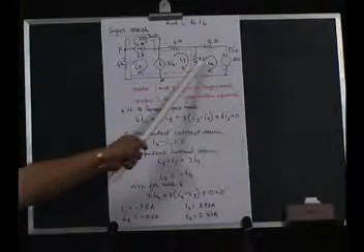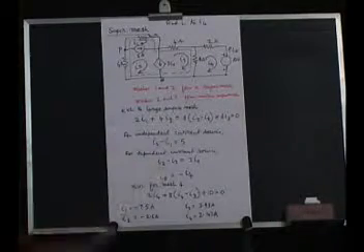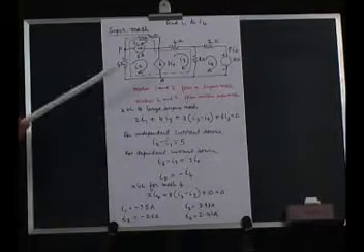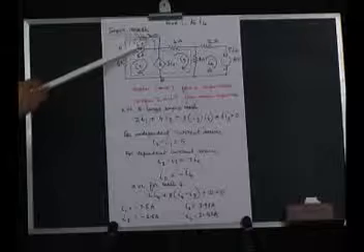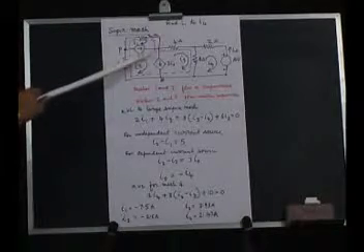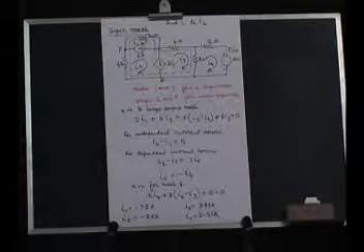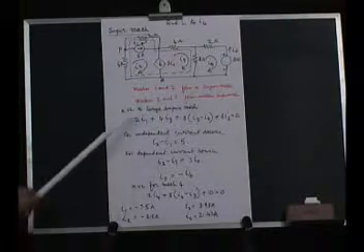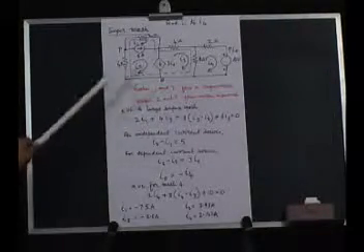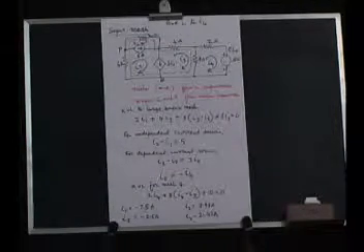We write another equation for loop 4, and we write a third equation in this super mesh, and a fourth equation for this super mesh. So, we have 4 equations and 4 unknowns. That is how we can get the solution.